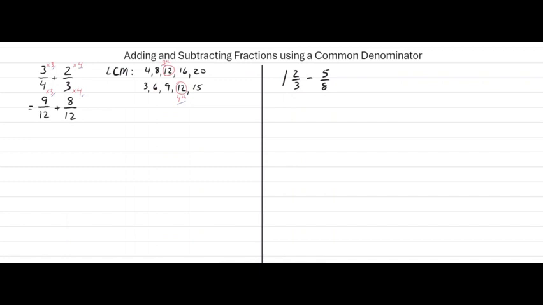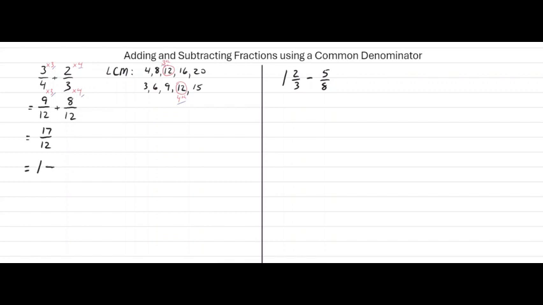All right, now that I have my common denominator, we have like denominators, so now I can just add the number of pieces. 9 plus 8 puts me at 17 twelfths. The denominator stays the same. So now I've got this improper fraction, and we're going to change that into a mixed number. The first question you ask yourself is how many times does 12 go into 17? It goes in once.